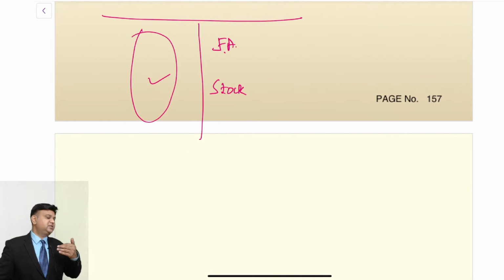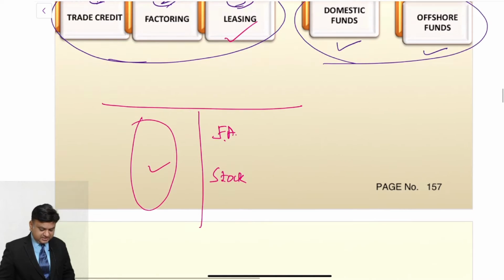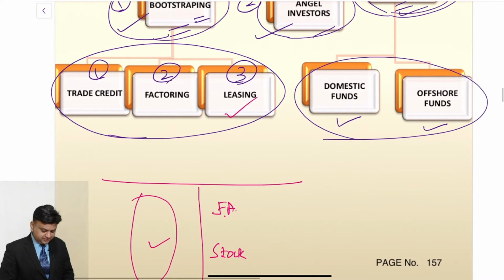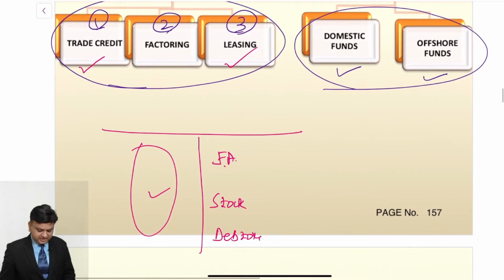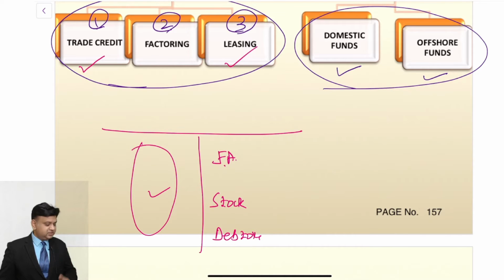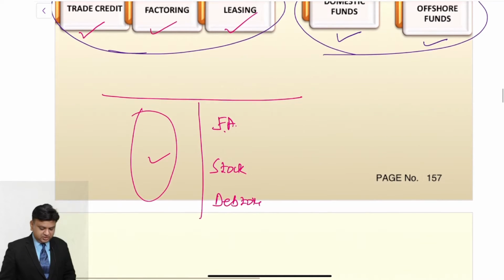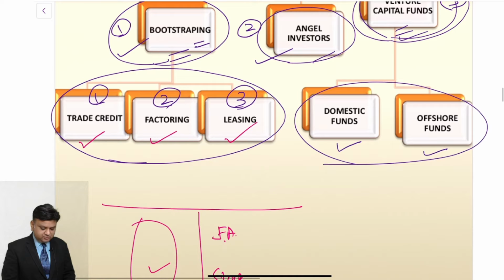You talk to the chief financial officer. If it is a small business concern, then you meet with the owner. Your communication skill and everything will make a difference at that point of time. That is the way you should be raising the funds. So that is what they have considered in trade credit. And at the same time, whatever funds are blocked in the business in the form of debtors, you should release by way of factoring. This is what they have explained in terms of bootstrapping.